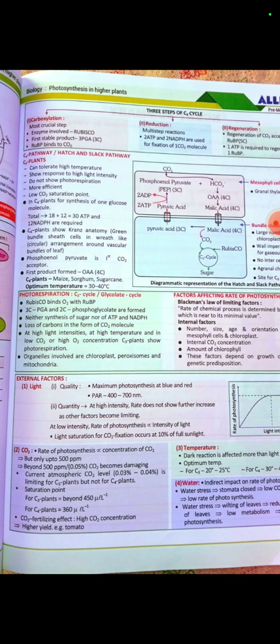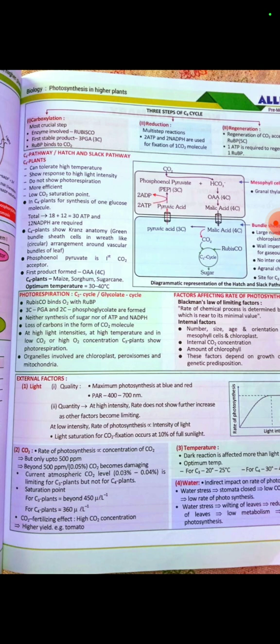Next, CO2. Rate of photosynthesis is directly proportional to CO2 concentration, but only up to 500 ppm, beyond which it becomes damaging. Current atmospheric CO2 level is limiting for C3 plants but not for C4 plants. Saturation of C3 is 450 ppm and C4 is 360.